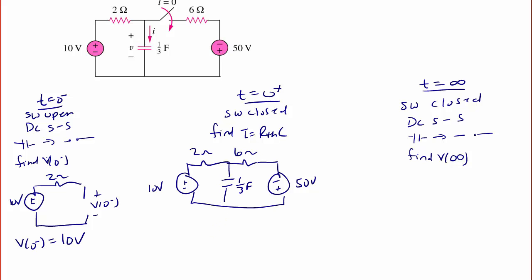Since I'm looking for R Thevenin, and we turn off independent sources to find R Thevenin, I'm going to replace both voltage sources with a short. And the capacitor is 1/3 of a farad. So I have 2 ohms and 6 ohms.